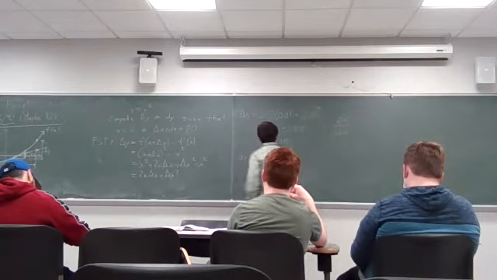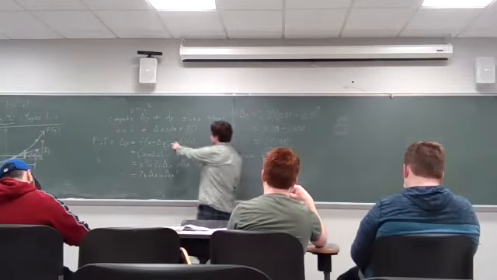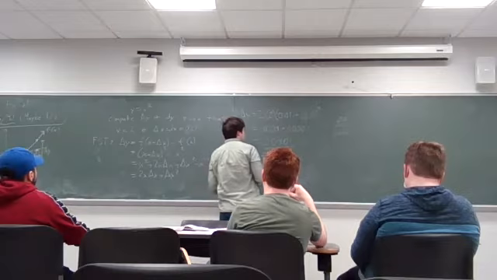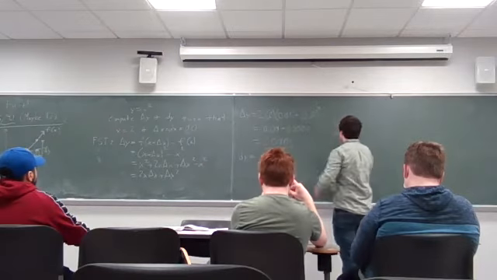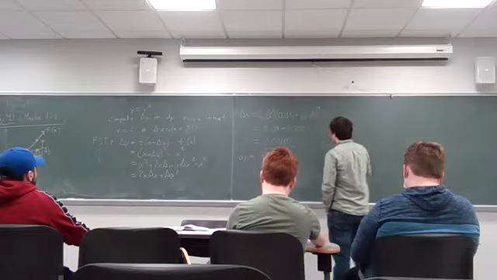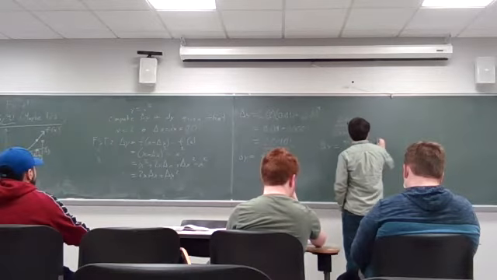Good. So notice that these are actually pretty similar, because maybe I'll write this as an aside, right? If we have delta y is f of x plus delta x minus f of x.